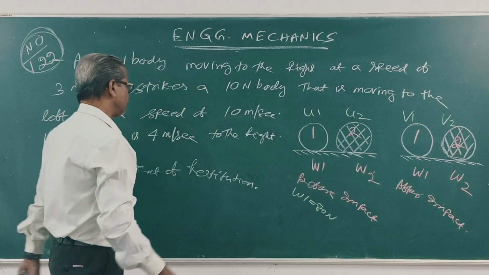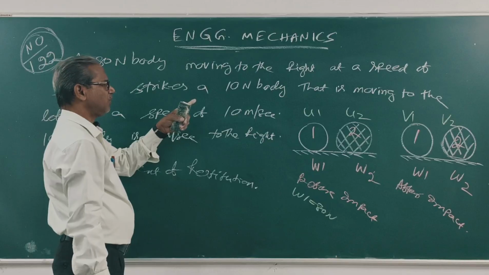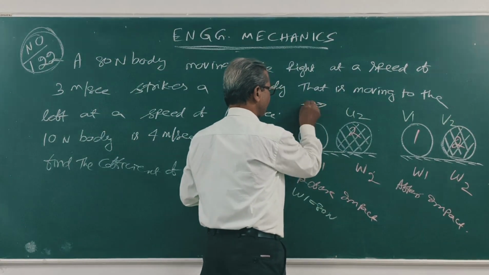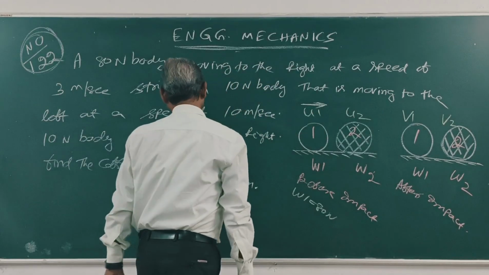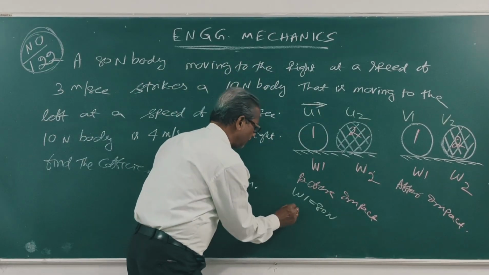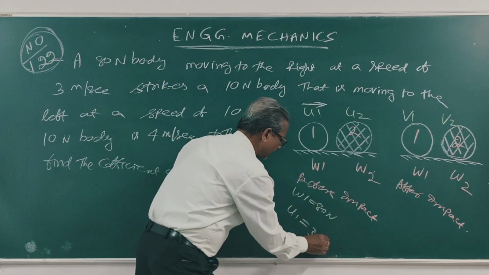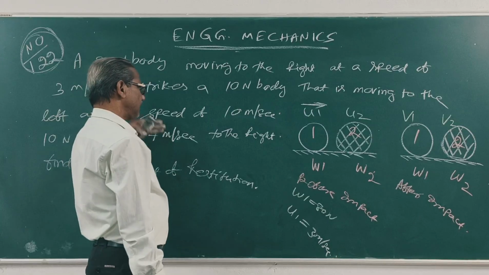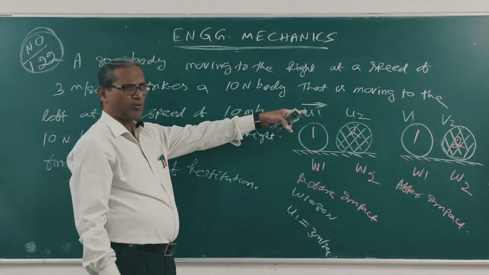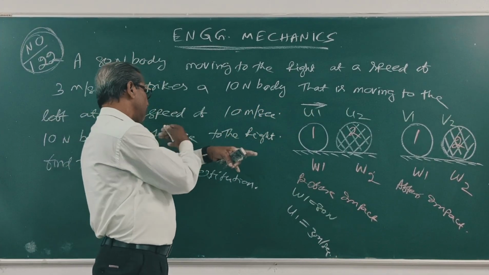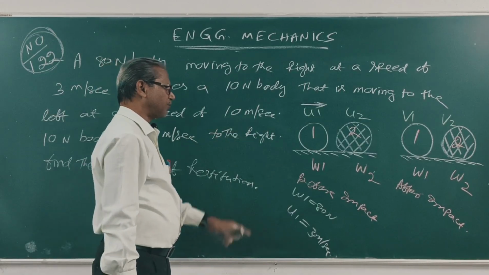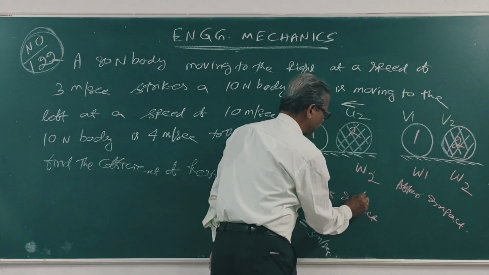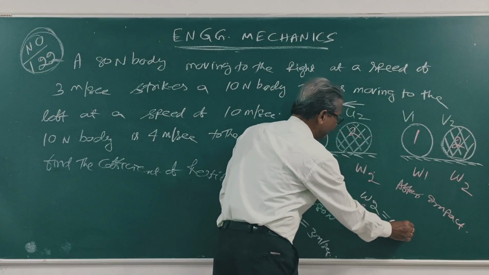Now, first come to the question. The 8 Newton body moving to the right means U1 is on this side, with a velocity of 3 meter per second. U1 is equal to 3 meter per second and W1 is equal to 8 Newton. Next, it strikes a 10 Newton body moving to the left with a velocity of 10 meter per second. This is toward the left. What is W2 equal to? 10 Newton.